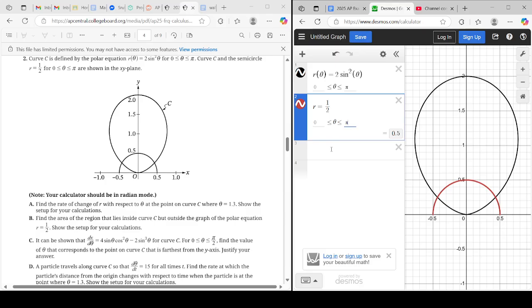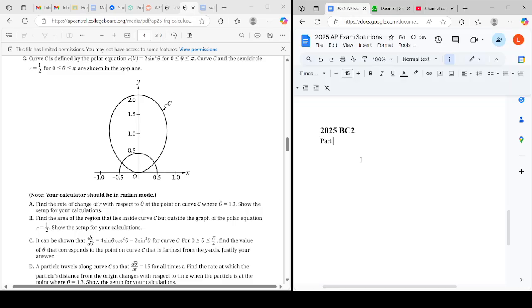So now, the first thing we're going to do is part A. Part A is asking for the rate of change of r with respect to theta. With the standard mathematical notation, this would equal dr over d theta.